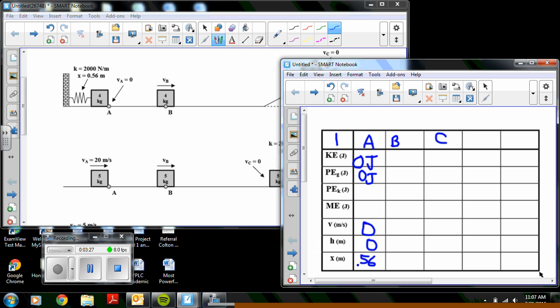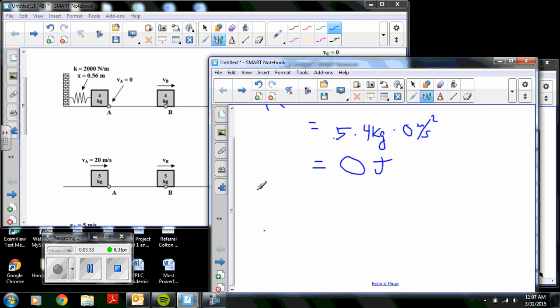So let's go ahead and do the calculation for that. So I have elastic potential energy, PE, and I'm going to put the equation in, which is 1/2 kx squared. K is given over here. K is a spring constant. It's how strong the spring is. So we're going to have 0.5 times 2,000 newtons per meter times 0.56 squared.